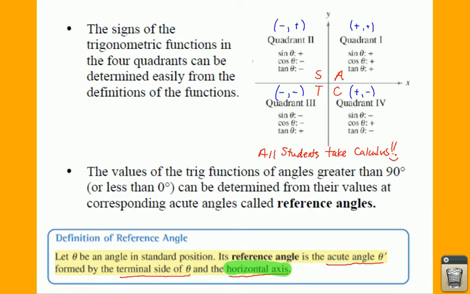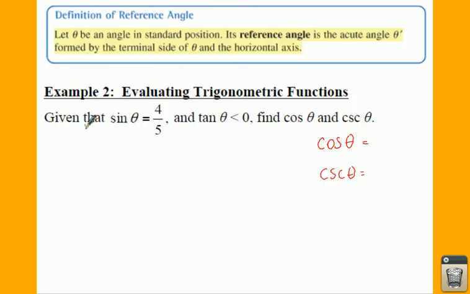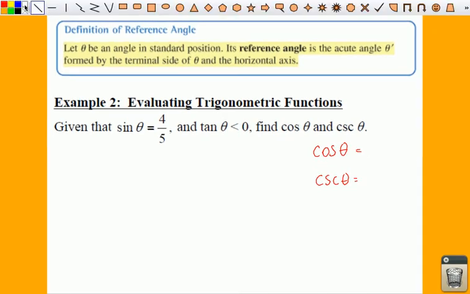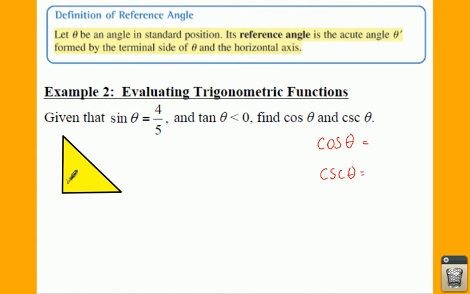Alright, so let's draw our triangle in quadrant 2. I'm going to draw a real nice triangle just because I can. So go over and up, and let's draw in our little right angle there.